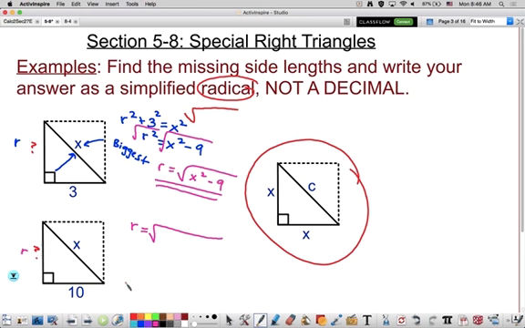Not quite. We set it up first, r squared plus 3 squared. So for this one, r squared plus 10 squared. Then what do we have to do? Subtract it over, right? And then you have to take the square root.